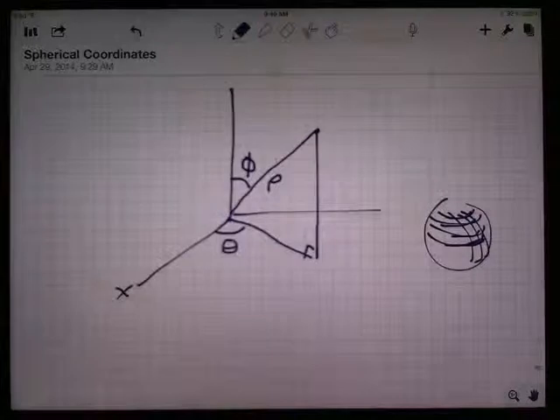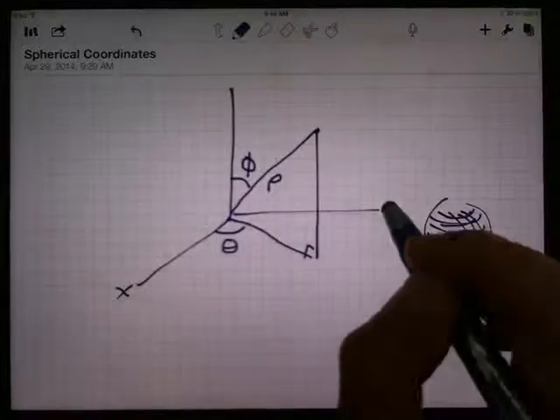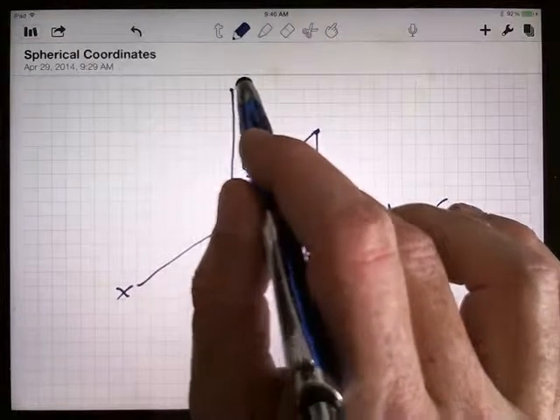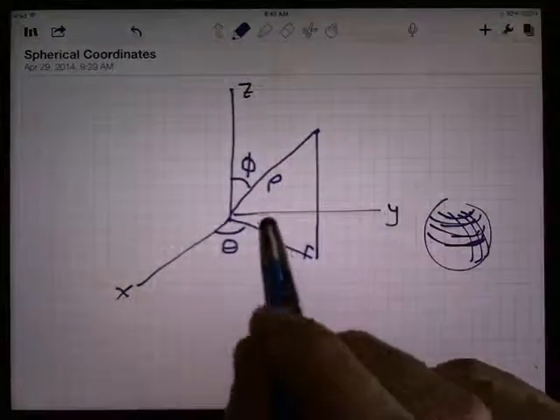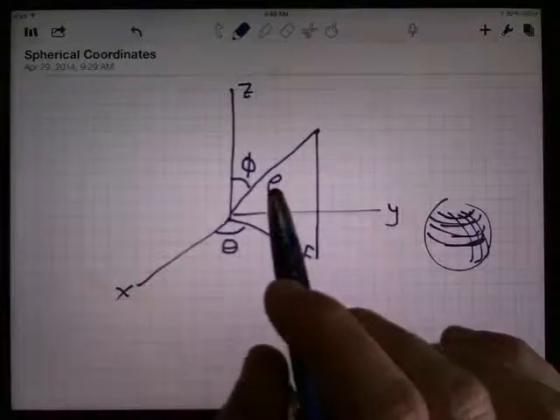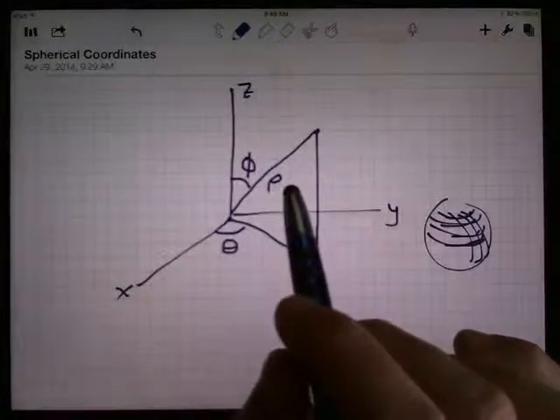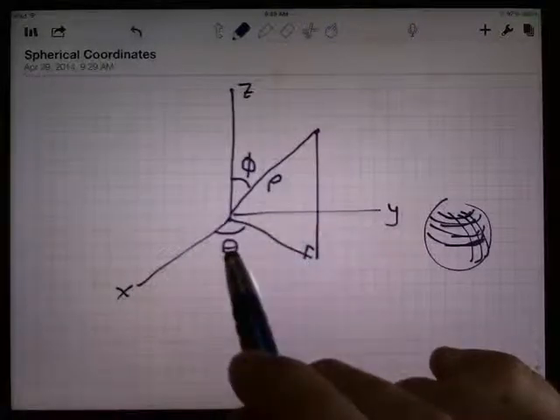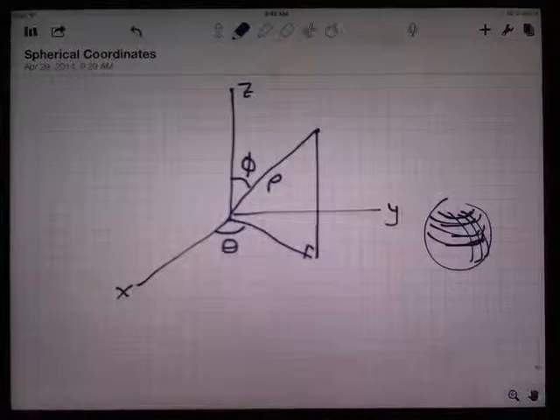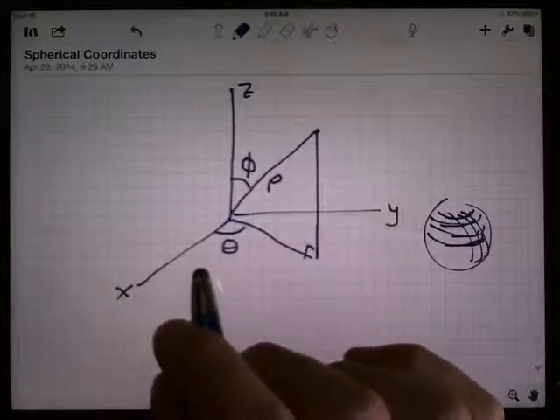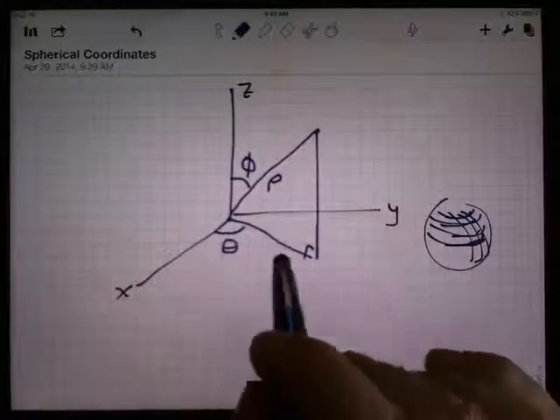In order to make the conversion between x, y, z and rho, theta, phi, and that's generally the order we will use, though different books use different orders, but generally we'll do rho, theta, phi. I want to convert it.